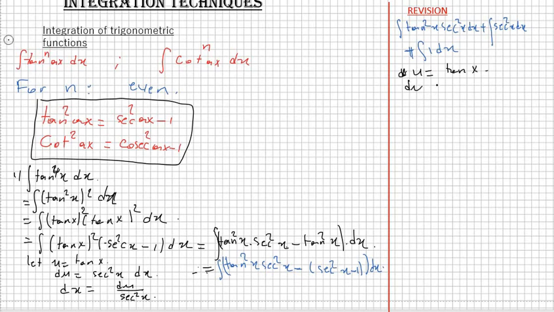And then what is the derivative of u? The derivative of u gives sec square x dx. So dx is equal to du over sec square of x.